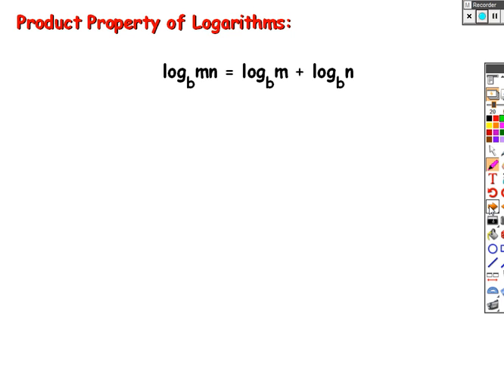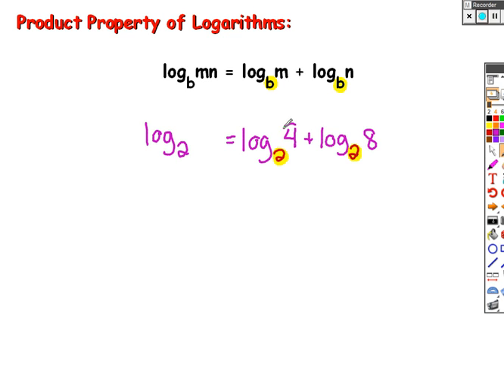First, we have the product property of logarithms. So what this property is saying is if I'm adding logarithms that have the same base, so something like this here, I've just thrown in some numbers, then that would be the same as if I multiplied the arguments together, 4 times 8, and said log base 2, so same base, of 32.